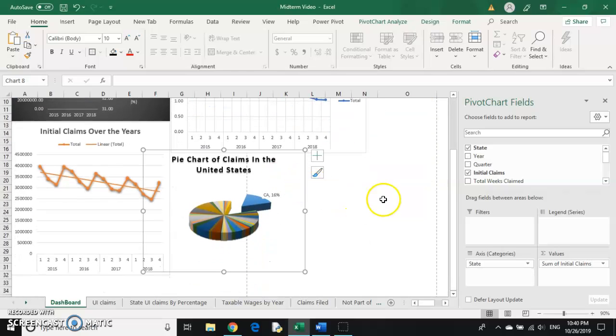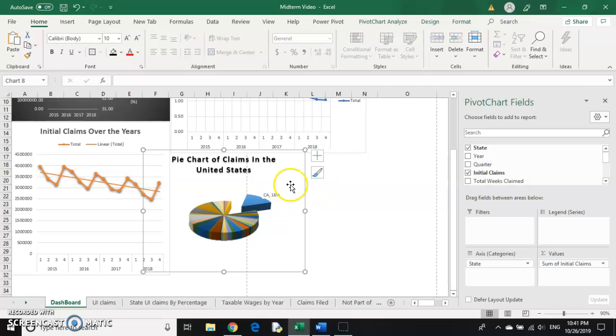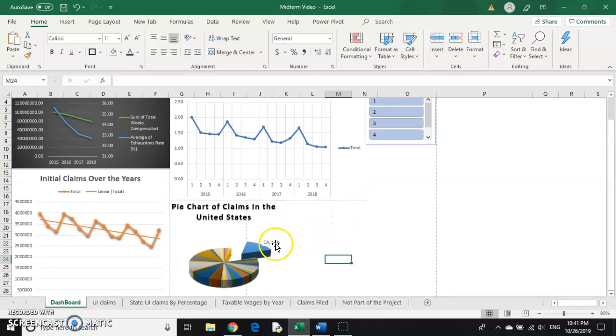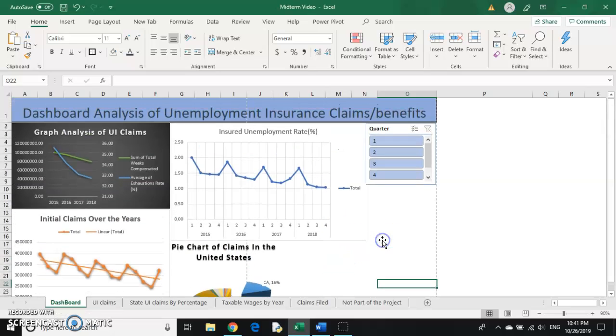On the fourth graph here, I have the pie chart of claims in each United States state. I only call out the state that I think is the most severe and significant, which is CA, California, with a 16% rate. I assume California is one of the largest states in the country, and it has a lot of people who need unemployment insurance benefits.